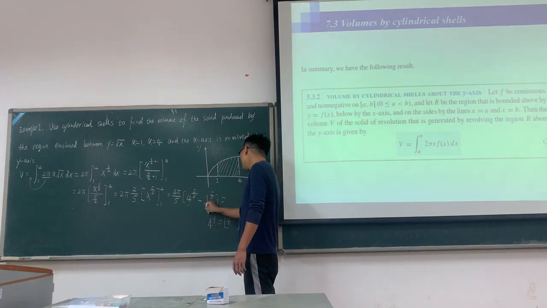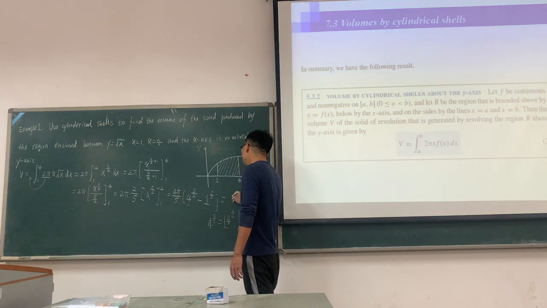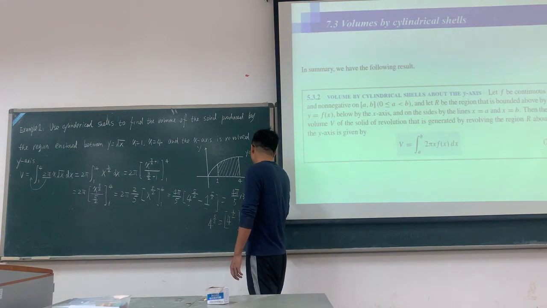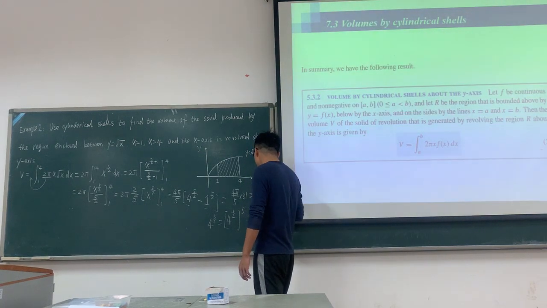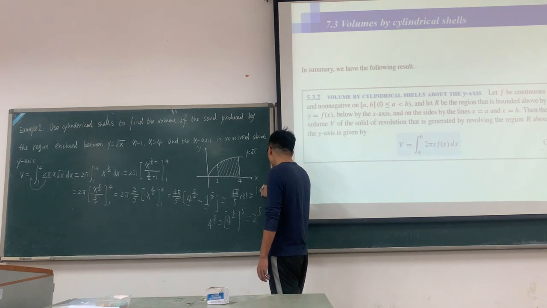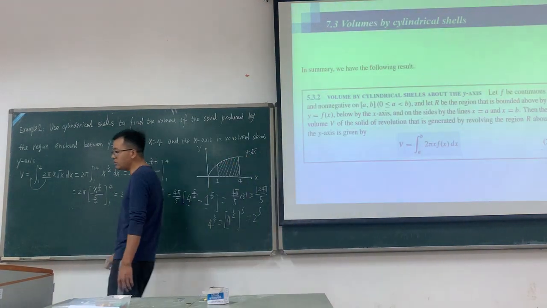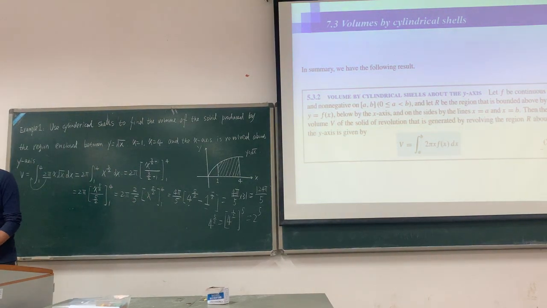So 32 minus 1 is 31. So 4 pi over 5 times 31, and the result is 124 pi over 5. This is the result.